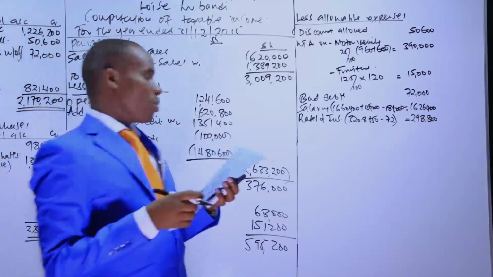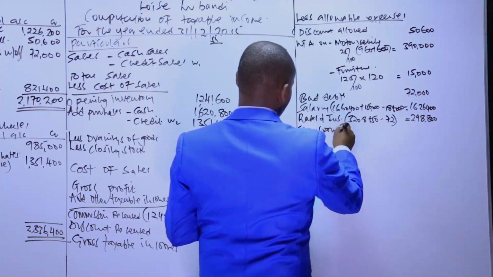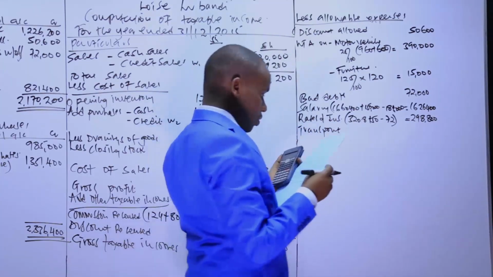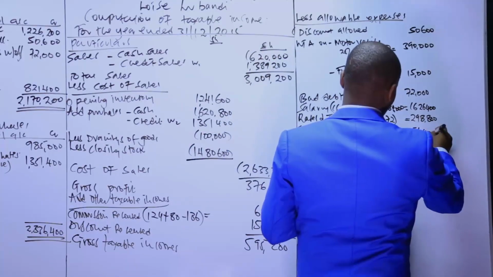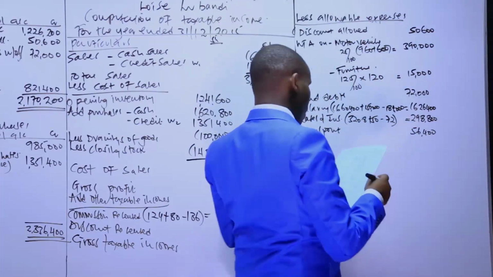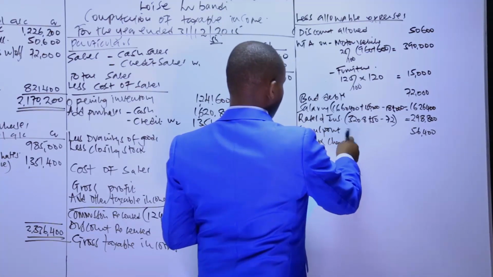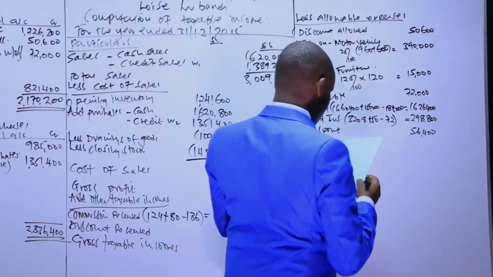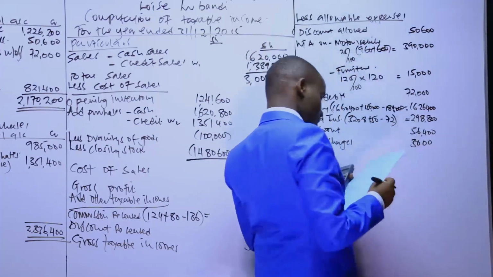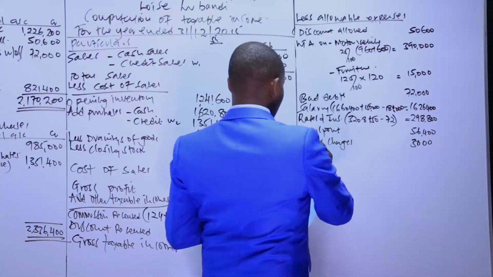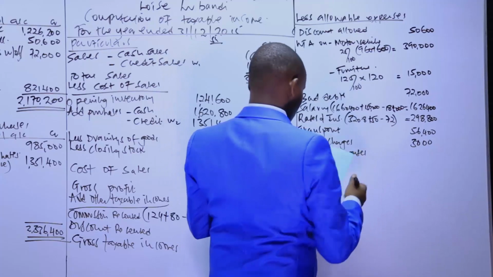The other expense is medical bill, self, not allowable, but transport is allowable. Transport cost 56,400. No note. Bank charges, they are allowable, 3,000. Then general expenses, they are also allowable.